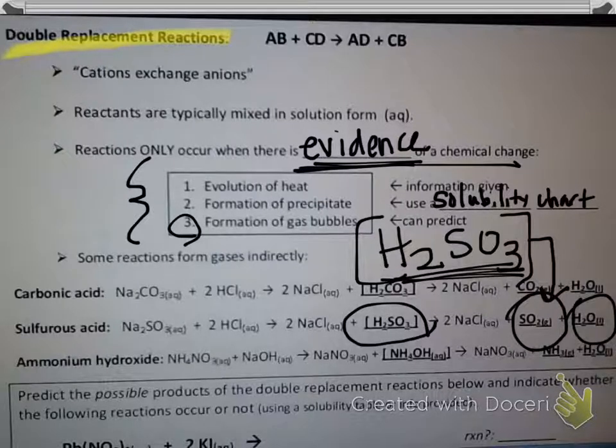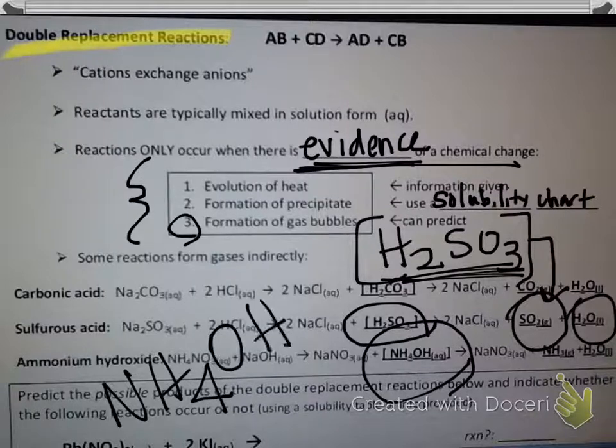It's an intermediate. It will further decompose to form sulfur dioxide and water. The third one is if you produce ammonium hydroxide. Ammonium is NH4 and hydroxide is OH. If this is formed as a possible product, it's not your product. It will further decompose to form water and ammonia, NH3.